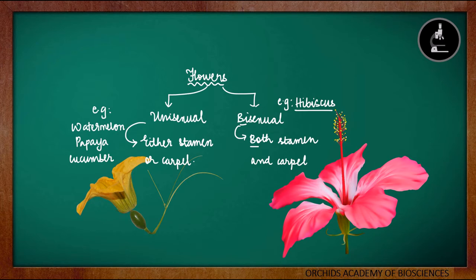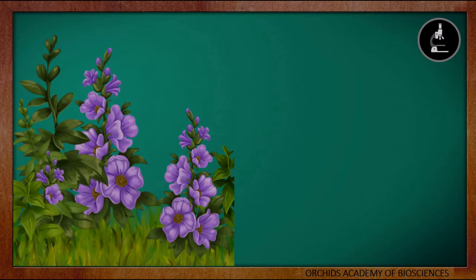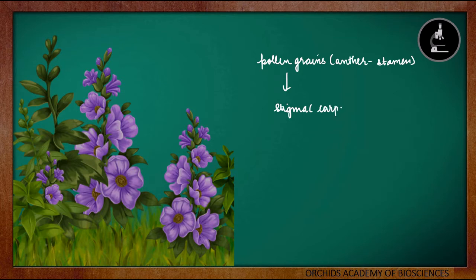Now let us discuss the entire process, how reproduction occurs in flowering plants. Now let us discuss how the male gamete from the male part of the flower reaches the female part. So we have to discuss now how the pollen grains which are produced by the anther of the stamen reach the stigma, which is the receptive part of the carpel.